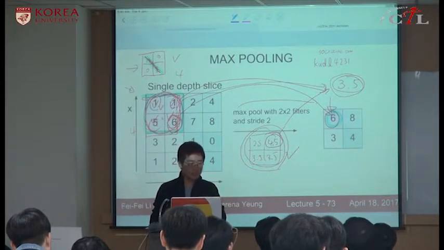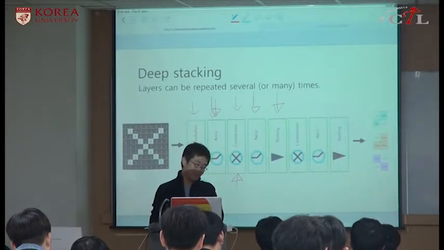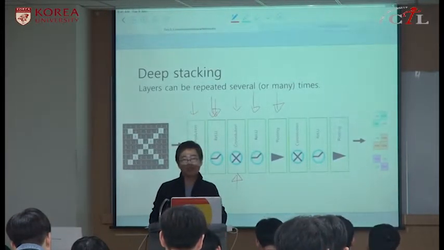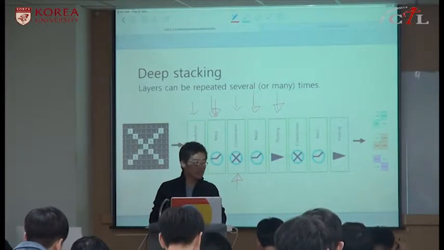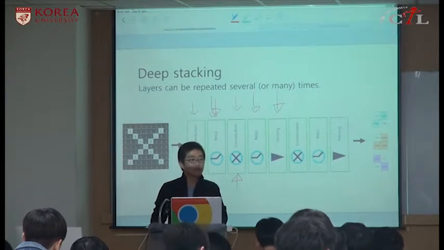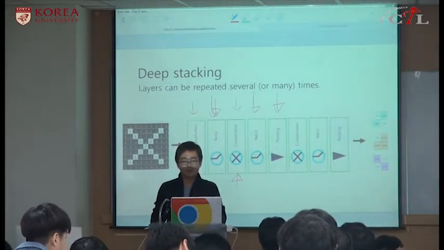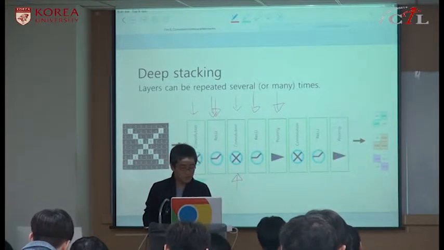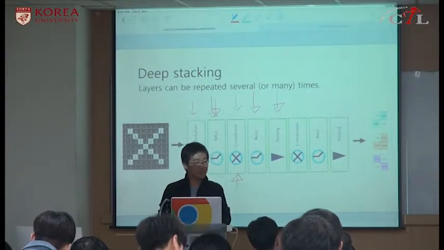So that is like losing a lot of information. So we just use these max pooling layers sparingly. I mean, not all the time. Okay, not every time after this conv and ReLU, but ReLU always follows the convolution layer. Okay, so ReLU always follows the convolution layer, but max pooling is just occasionally added.